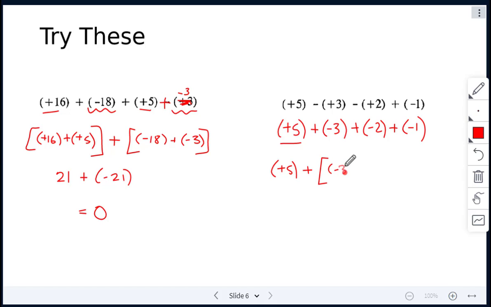So negative 3 plus negative 2 plus negative 1. All right, so that becomes positive 5 plus negative 6. So 5 plus negative 6 will become negative 1.